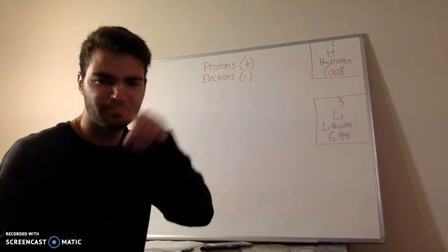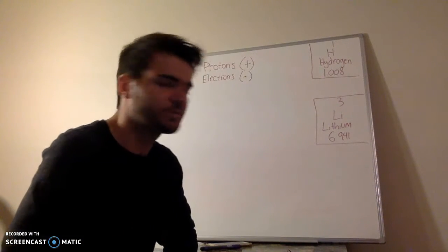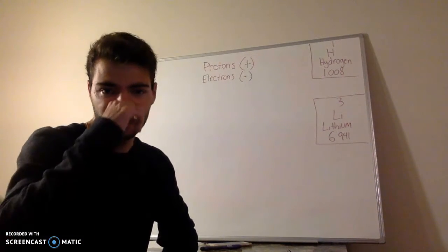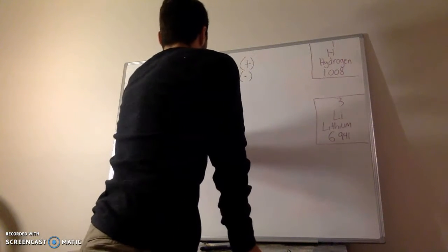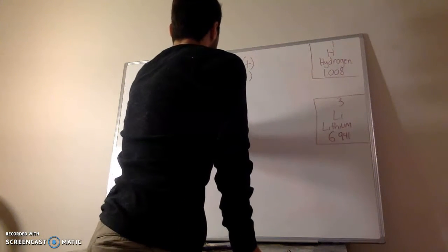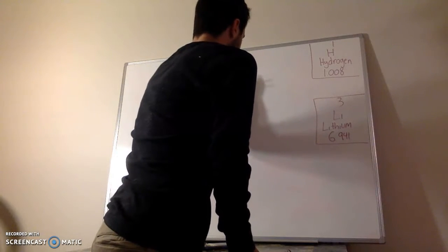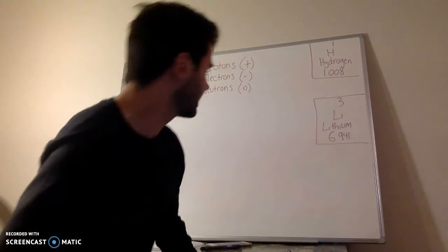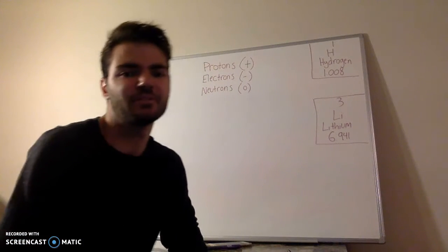Electrons are those guys that buzz around the outside of the nucleus of an atom, the things that are constantly moving. And the third thing we have is neutrons. Neutrons are neutral. I'll always just use a circle for that. They don't have a charge.